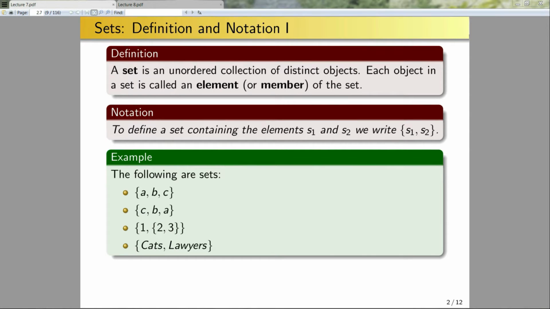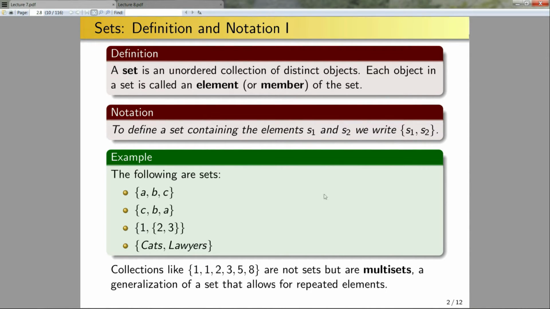So finally, you might ask, why do the members of the set have to be distinct objects? Why can't I include the same object more than once? Well, you can, and that's referred to as a multi-set. So multi-sets will come in handy later on in the course when we talk about, say, the number of ways that you can write a word using some collection of letters. In English, we commonly use the same letter more than once in a word, so you need a multi-set to handle those type of situations.